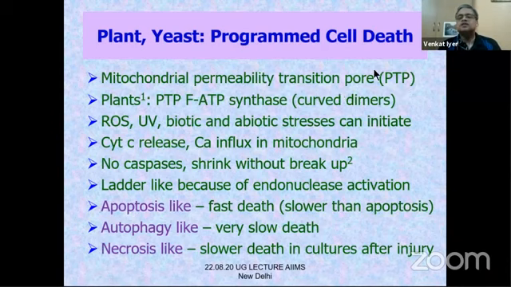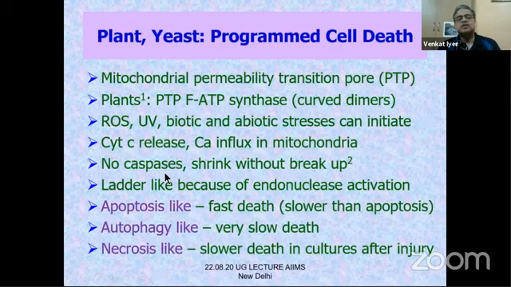So this is at the center of apoptosis and other kinds of cells. All kinds of stresses can induce plant cells also to undergo programmed cell death, which could be related to cytochrome C release and calcium influx. The difference is that the classic mechanism, that is the caspases, are not there.